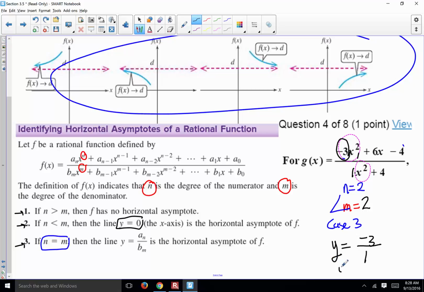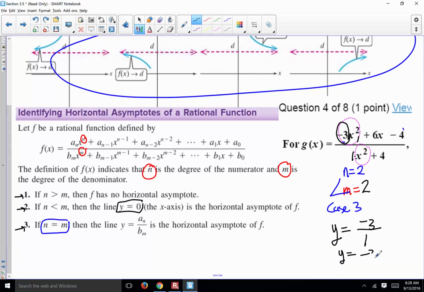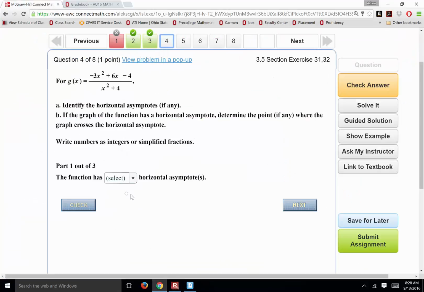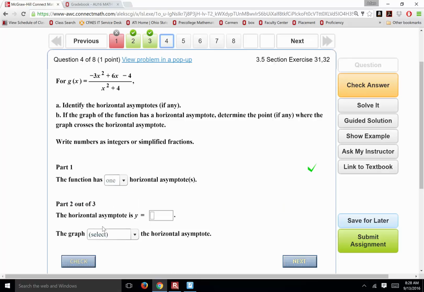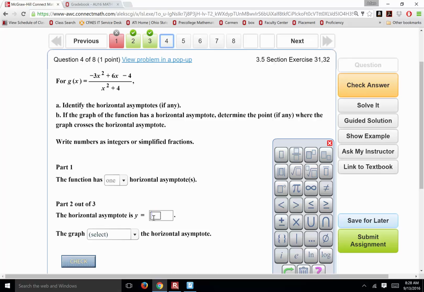So what is our horizontal asymptote then? Y equals -3. Okay? So we have one horizontal asymptote, and that is -3.